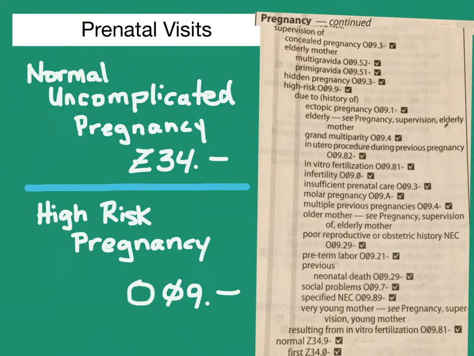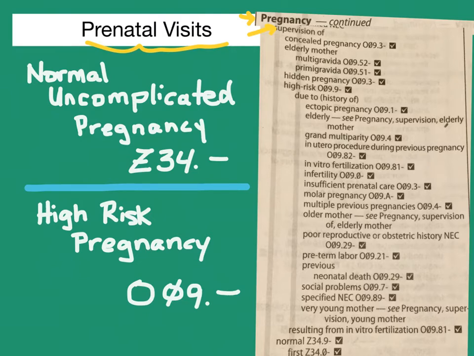Encounters for obstetric care or prenatal visits also include the use of a Z code. So taking a look in the alphabetic index under the main term of pregnancy, followed by the subterm supervision of.